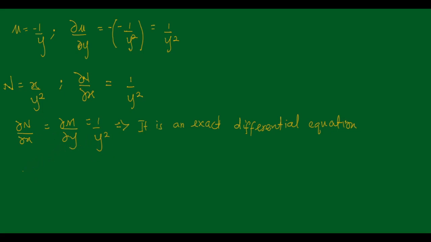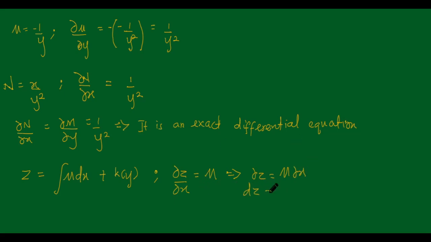So we know that our solution is of the form integral of m dx plus k(y). And we have said this is because if the partial derivative of z with respect to x, where z is our solution, is equal to m, you can simply say our dz is equal to m dx, since y is going to be kept constant.